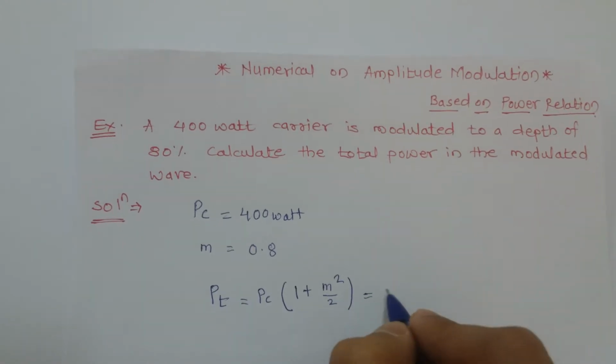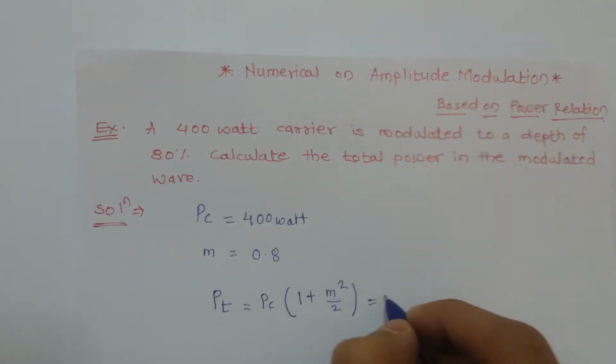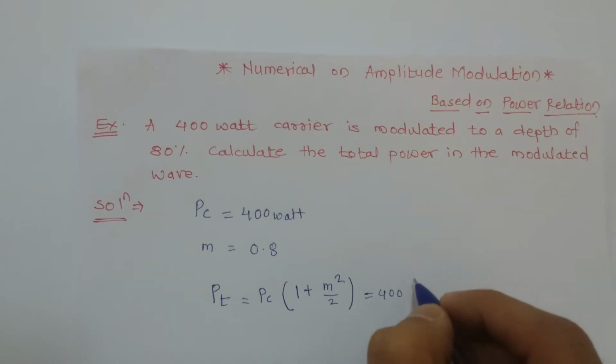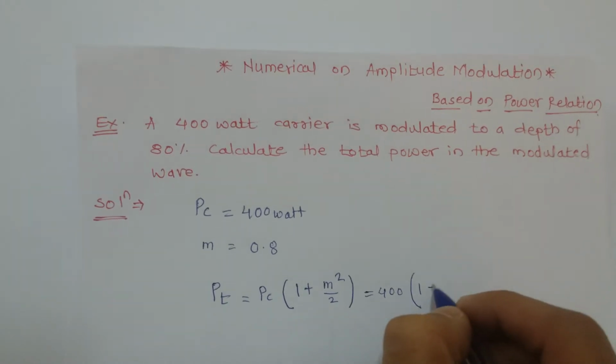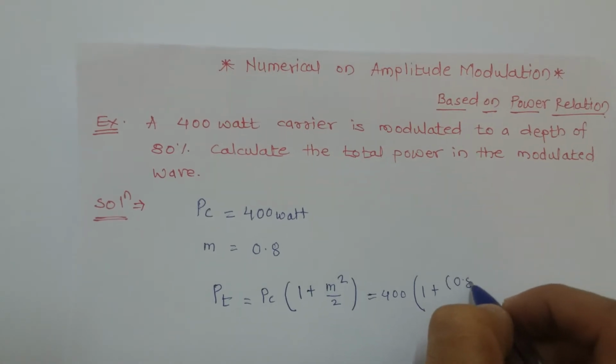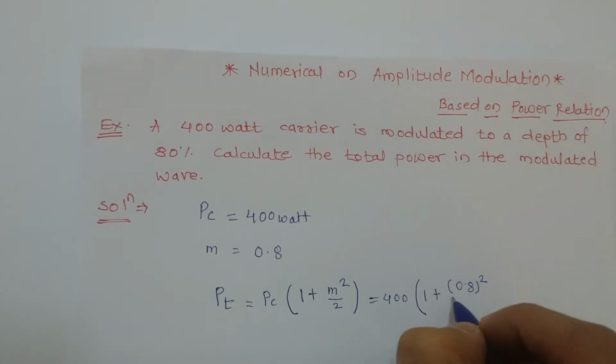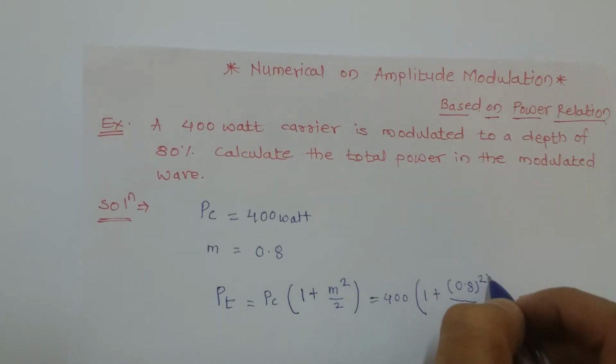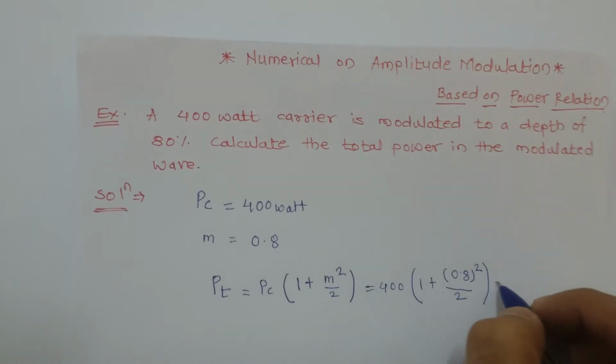Put the values, that is Pc is equal to 400, then 1 plus m is equal to 0.8, bracket square upon 2. So let's solve.